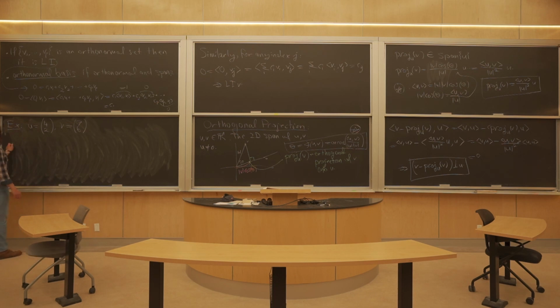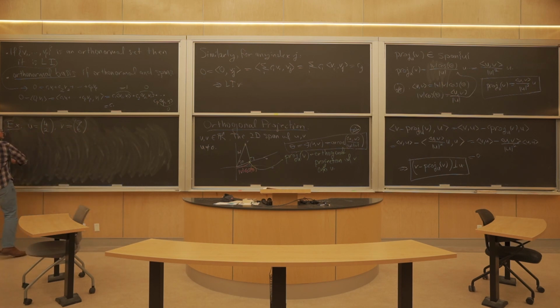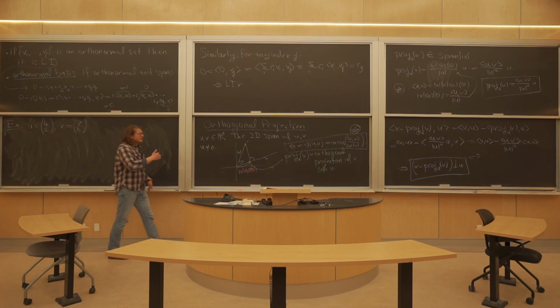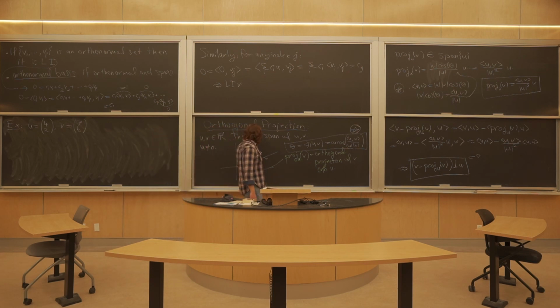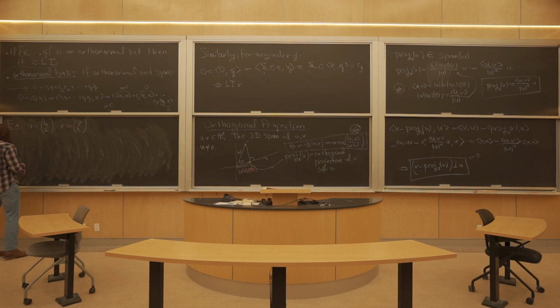Based on the formula, so maybe let's do it this way. We need the inner product of u against v to compute that. But also, let's also try to compute the other way around. Just as I can project v onto u, I can project u onto v if I want it, right? So I can draw a line like this and project u orthogonally to the span of v if I want it. So let me just compute all those inner products that I'm going to need.